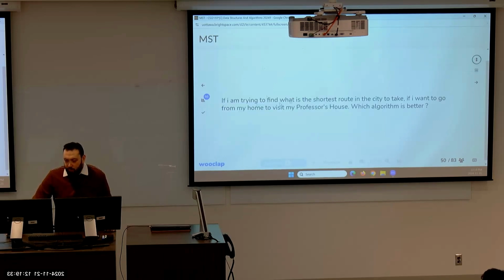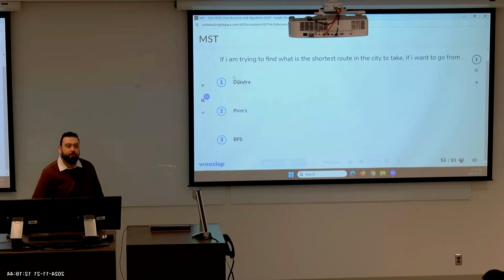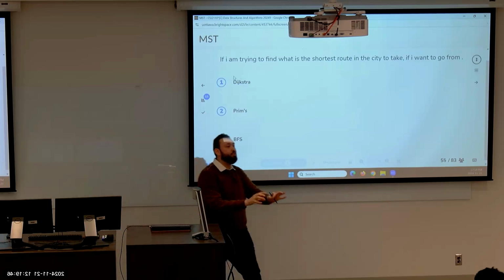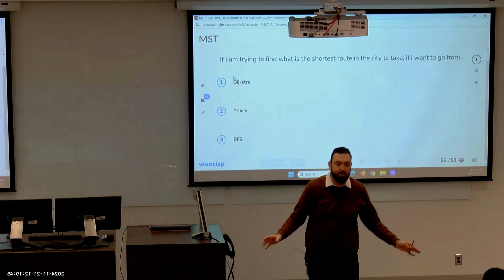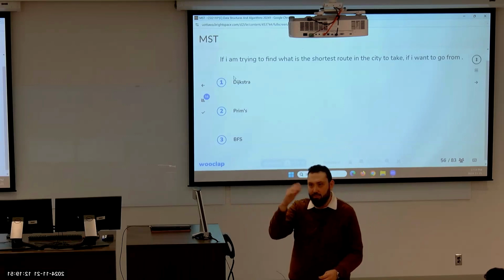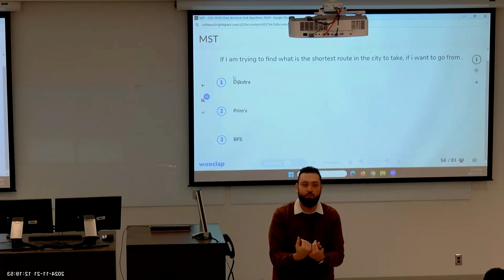So if I'm trying to find the shortest route in the city, if I want to go from my home to visit my professor's house, which algorithm is better? Who wants to tell me which algorithm we don't want to even consider first? So let's minimize. We have 3 options. We want to bring them to 2.